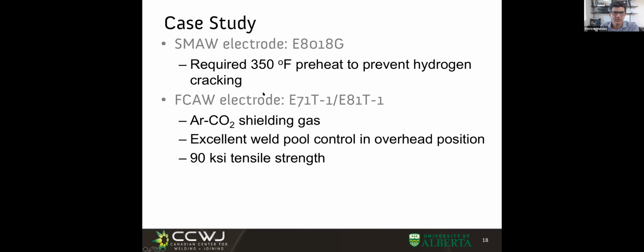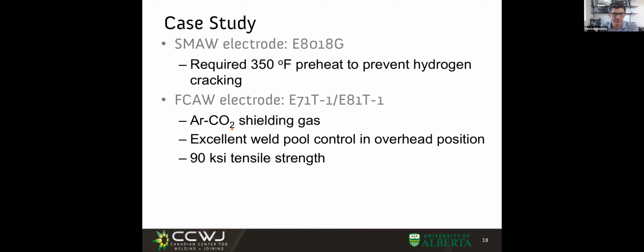And it compared it with flux core electrodes, E71T1 and E81T1, right? So in this case, under standard conditions, the 7 means 70 ksi strength, and this 8 means 80 ksi strength. Although they didn't put it here, they should have, they're using an M designation, right?